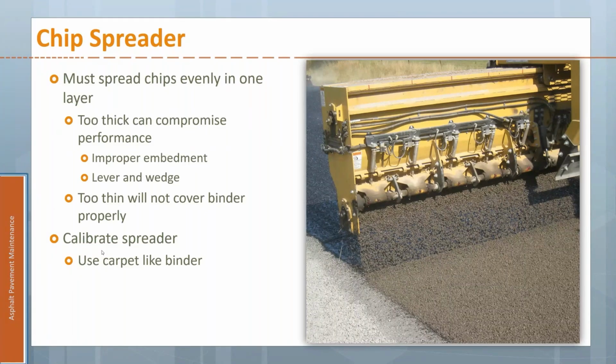If you have a lot of long, thin, platey types of aggregate, sometimes those will get lodged in at weird angles, and then a long, skinny aggregate sticking up, when it gets pressure on it, it'll kind of pluck some other particles out of the way, so it won't end up covering the binder. But if you don't have enough aggregate, you're not going to cover all the binder at all. So make sure everything is calibrated, and you can use that carpet square technique just like you did for the binder.